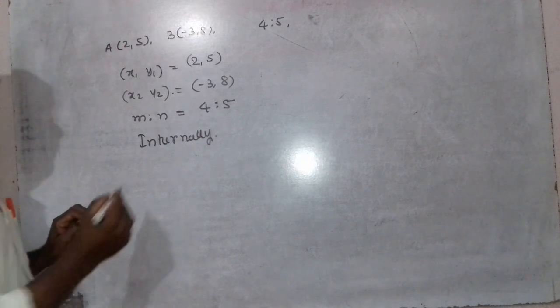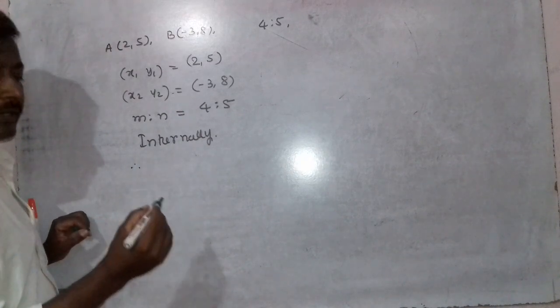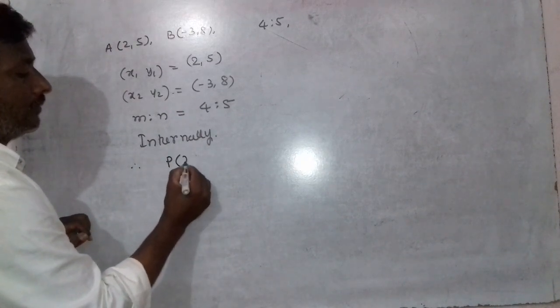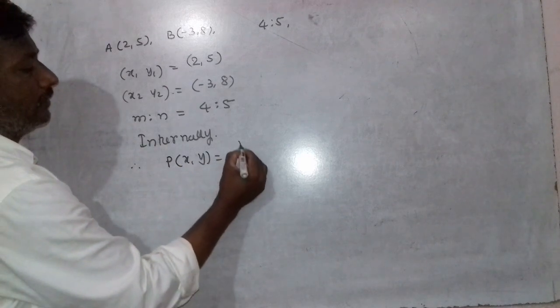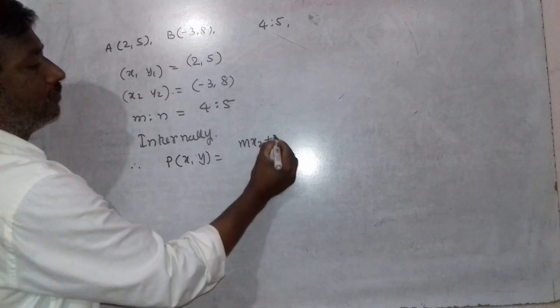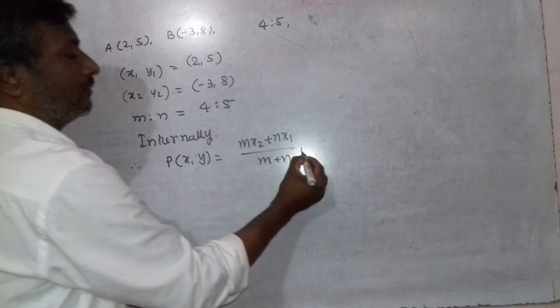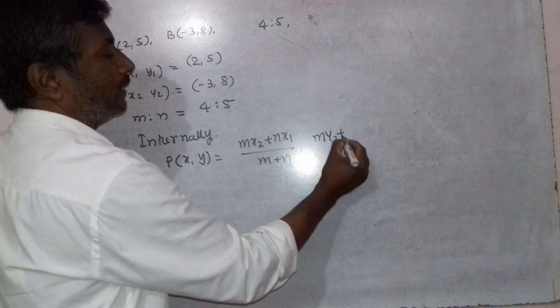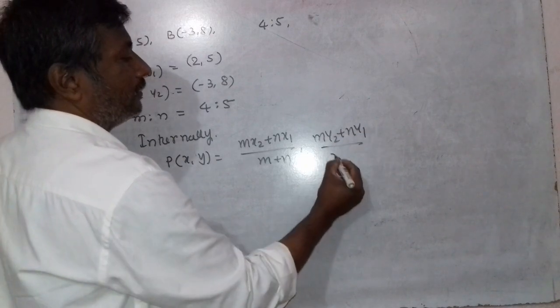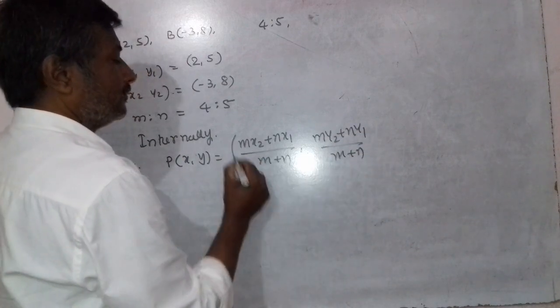So therefore the formula for internal division is P x comma y equal to mx2 plus nx1 by m plus n, my2 plus ny1 by m plus n.